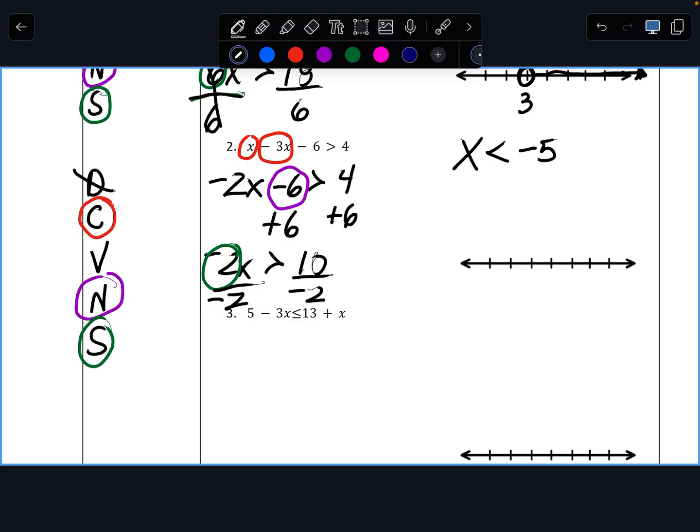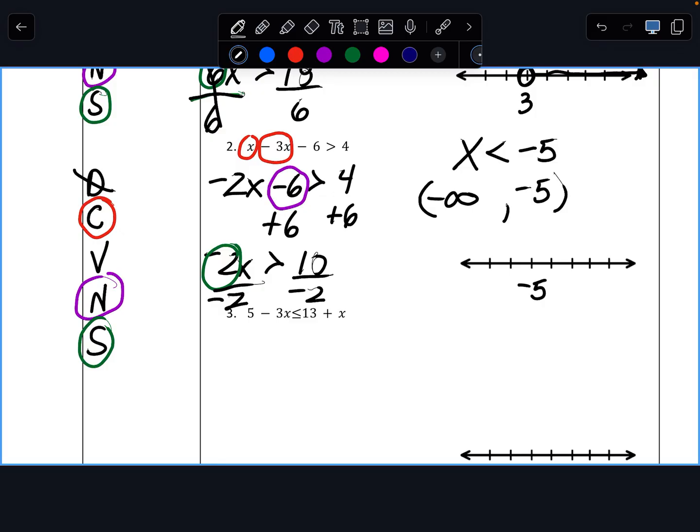All right. Now I need to do my interval notation. So x is less than negative 5, meaning that my negative 5 is the greater value. I need parentheses, my comma, and I use negative infinity on this side. Okay. Now I can write it on my number line. I find the negative 5.